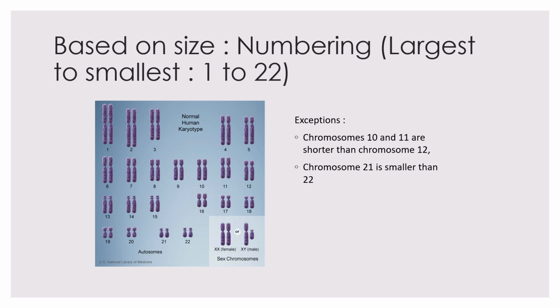There are certain exceptions in between, where chromosomes 10 and 11 are actually a little shorter than chromosome 12, and chromosome 21 is also a little smaller than 22. In X and Y, X is bigger, Y is smaller. Okay?